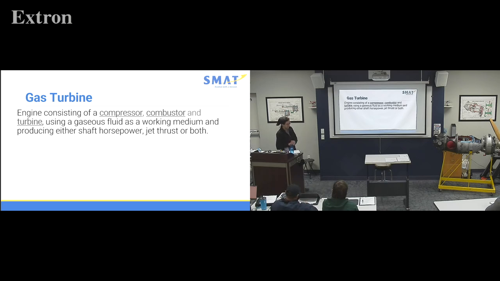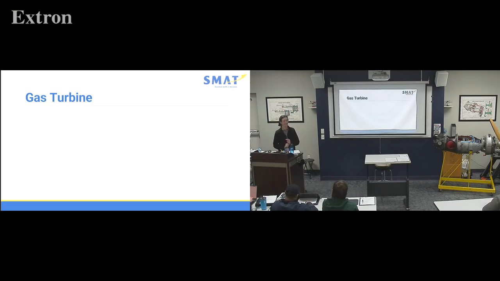So, gas turbine. What are the three components every gas turbine will have? Give me one. Compressor. Excellent. Give me another one. And the last one? Turbine.